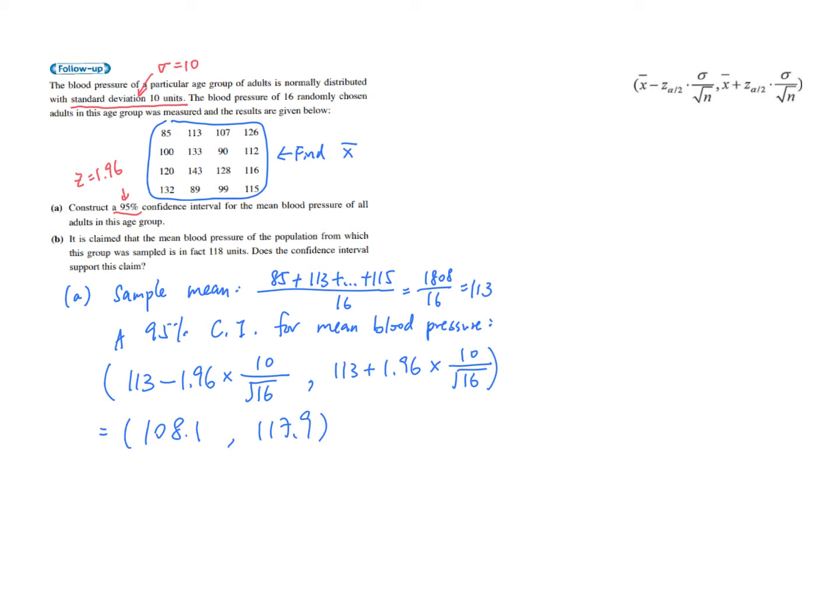Part B, it is claimed that the mean blood pressure of the population from which this group was sampled is in fact 118 units. Does the confidence interval support this claim?